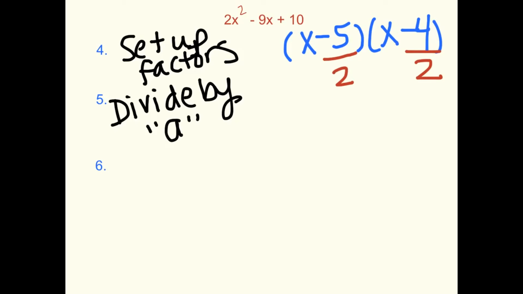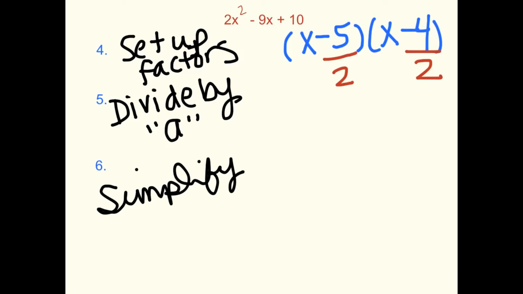Now I want to simplify these fractions. I'm either going to simplify the fraction or kick the bottom over. So you simplify or kick. Let me show you what I mean here. So 5 divided by 2 is a fraction that doesn't simplify, and it also doesn't divide. It gives you 2.5, not a nice whole number.